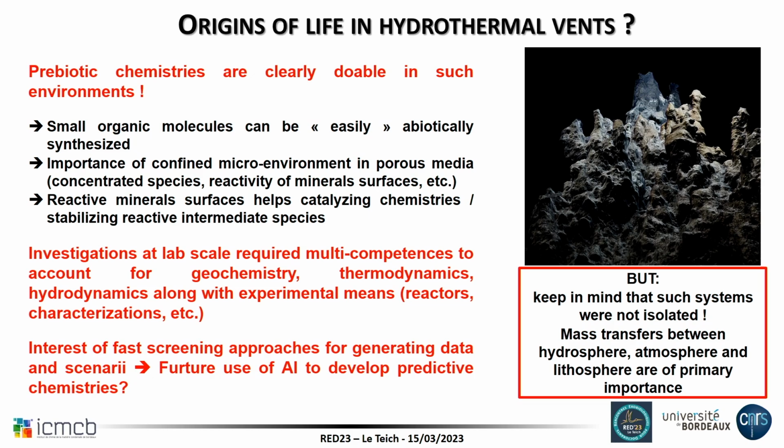There are papers, definitely, but like I showed you, examples exist, especially through the use of mineral surfaces, clays, or microstructures, porous structures, and confined environments, which are really interesting for increasing the concentration of species and using the reactivity of the mineral surface. This reactive surface helps catalyze the chemistry, and also stabilizes reactive intermediates before they are degraded by external conditions.